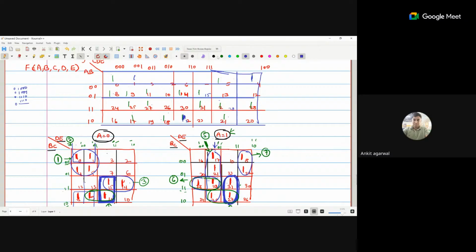Okay, so one group of 4 is possible. One group of 2 and group of 2 is also possible.